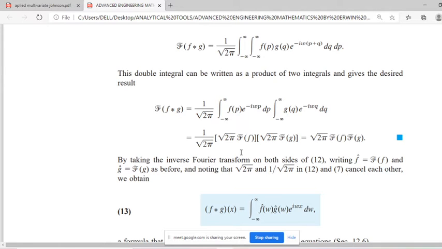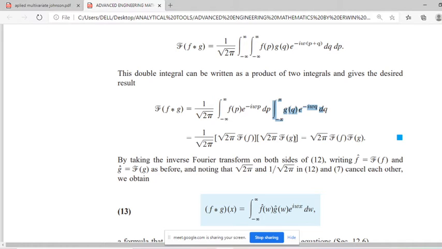So the first term, 1 by root 2 pi is with this integral, that will be Fourier transformation of f. Since 1 by root 2 pi is not there in the second integral, we can write it like this, root 2 pi into Fourier transform of f. And similarly for the second integral, it can be written like this, root 2 pi into Fourier transform of g.